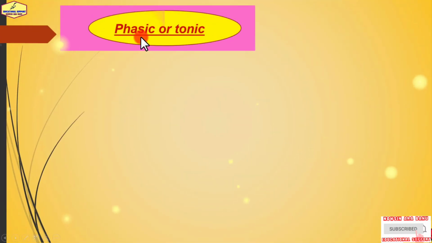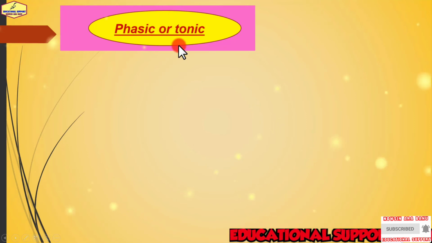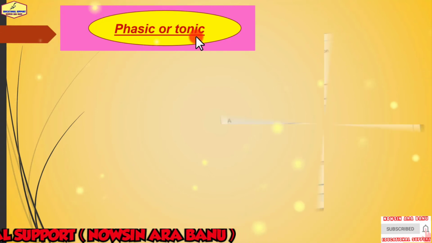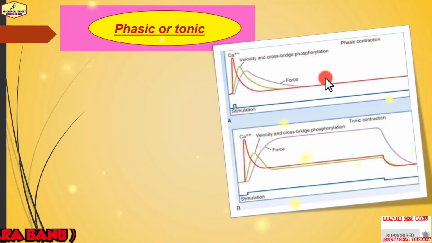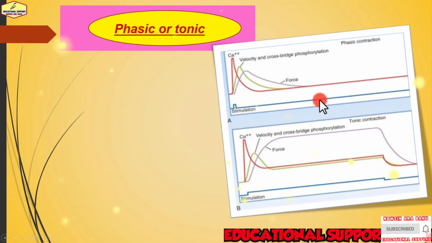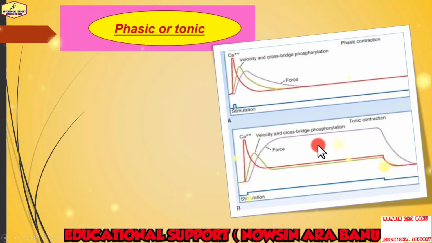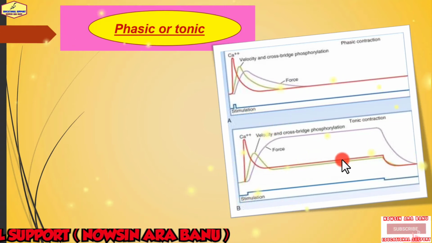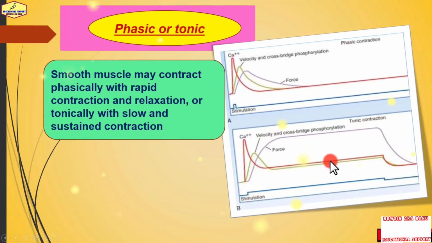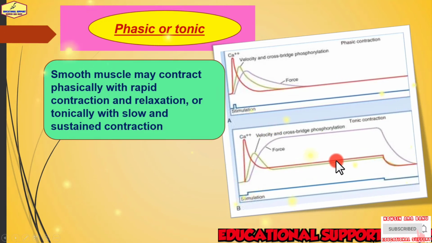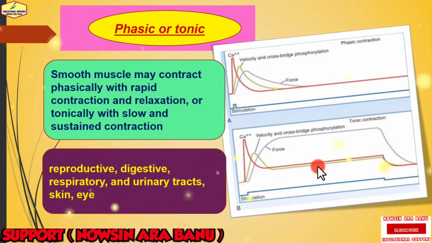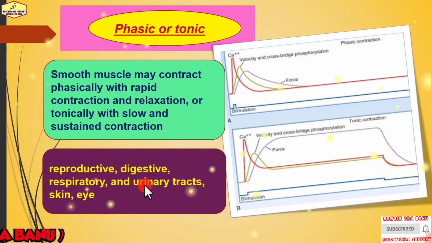Now, phasic or tonic. Do you know what is phasic or tonic? Smooth muscle may contract phasically, with rapid contraction and relaxation, or tonically, with slow and sustained contraction. The reproductive, digestive, respiratory, and urinary tracts, skin, eyes, and vascular system all contain this tonic muscle type.